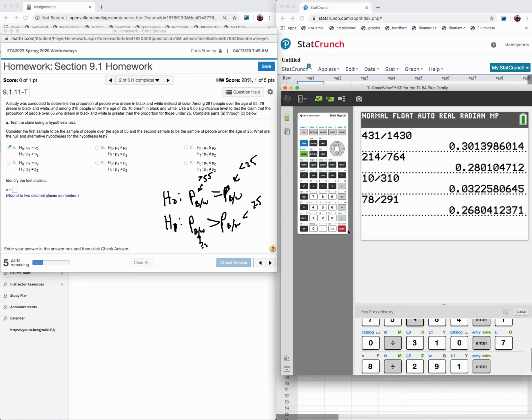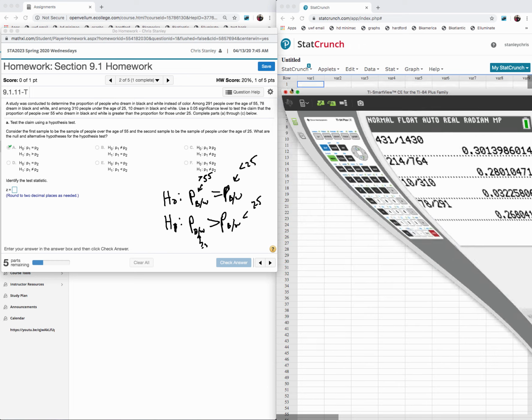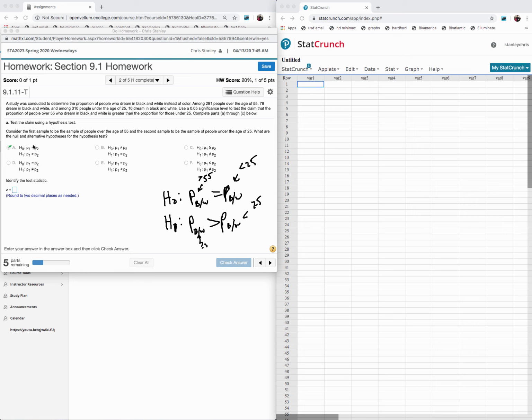It seems like there's a way higher percentage, from the sample by the way, in the sample data showing a high percentage of older people that dream in black and white versus the younger people. So we're seeing really big differences in our sample, so most likely we're going to reject this null, which means the z-score is going to be really big.